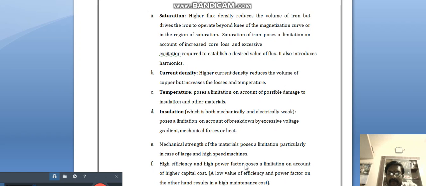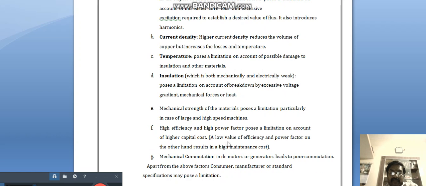High efficiency and high power factor impose limitations on account of higher capital cost. Lower value of efficiency and power factor, on the other hand, results in high maintenance cost. If you go for a high efficiency machine, the cost will be increased. At the same time, if you go for a low efficiency machine, we need more maintenance for the same machine. So the machine should not be too costly, but at the same time it should be efficient.